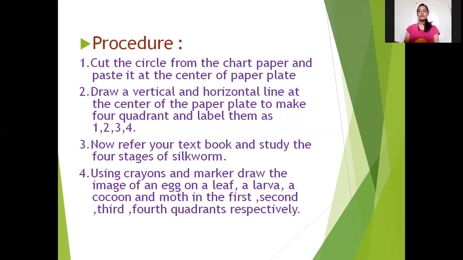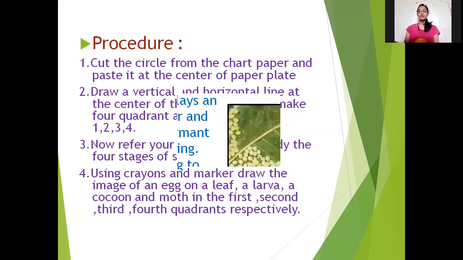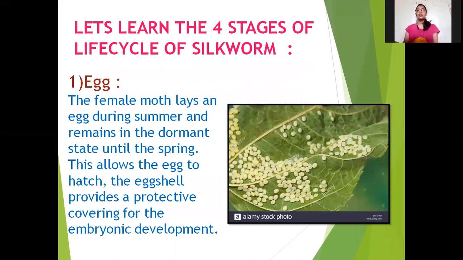Let's move further to see each stage of silkworm, what actually happens. Now, first stage is egg. The female moth lays an egg during summer and it remains in the dormant state until the spring arrives.